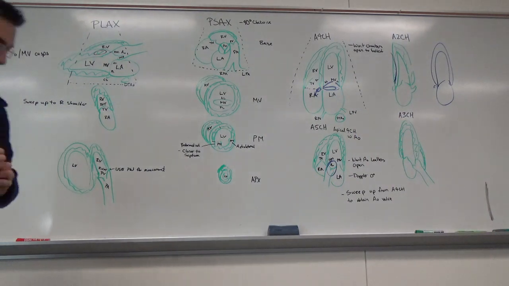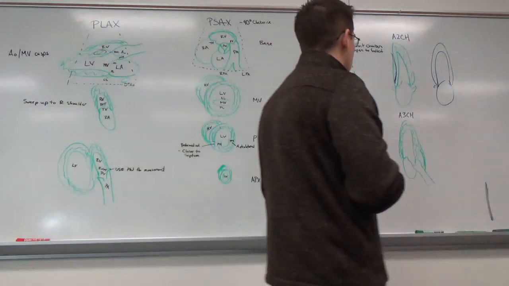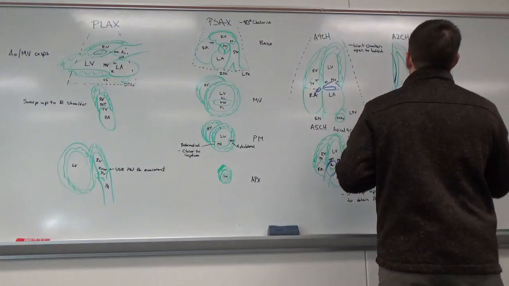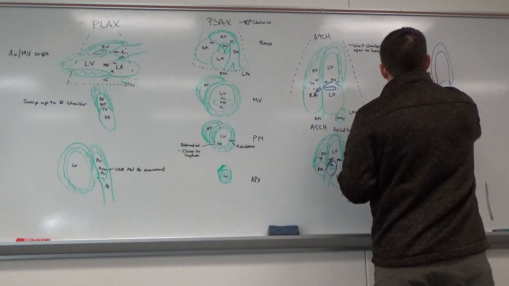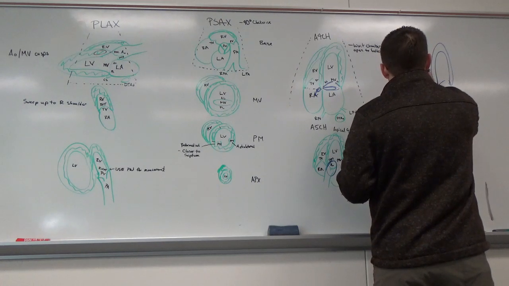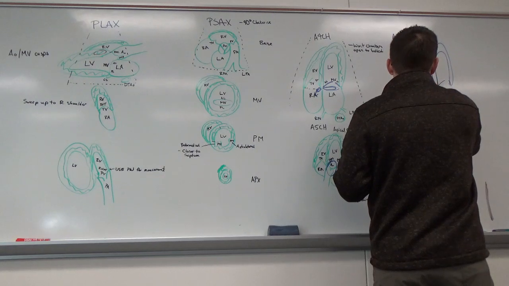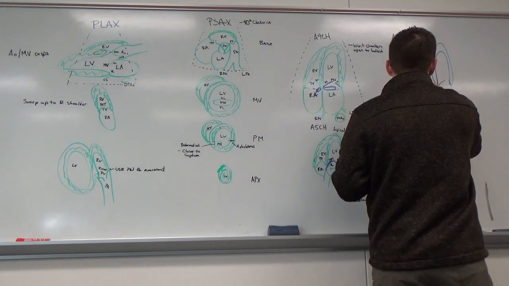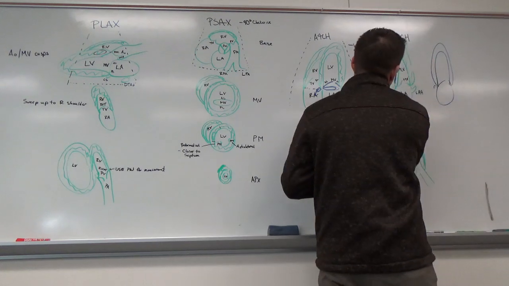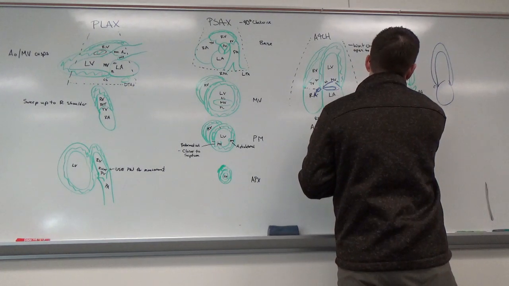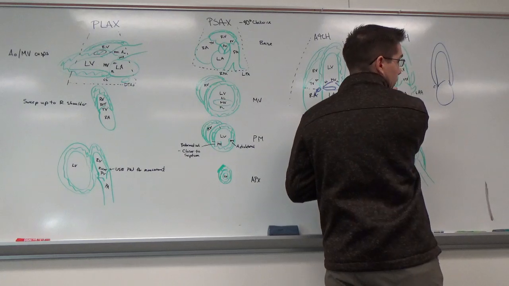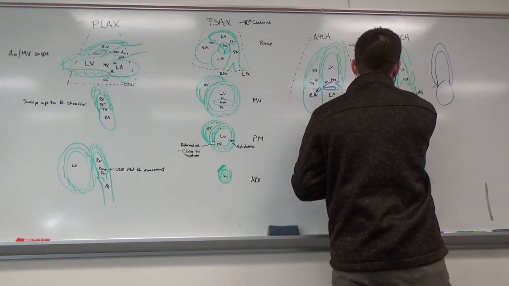All right, go ahead and label what we're looking at anatomy-wise. Good: left atrial appendage, left atrium, mitral valve. And is this a coronary sinus? Coronary sinus, yep.